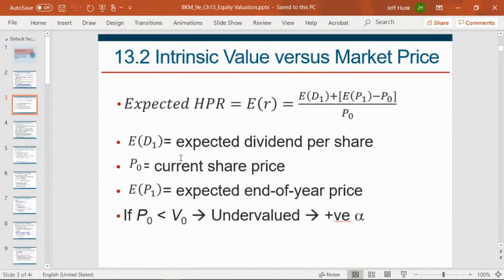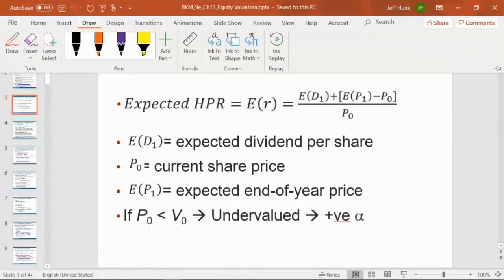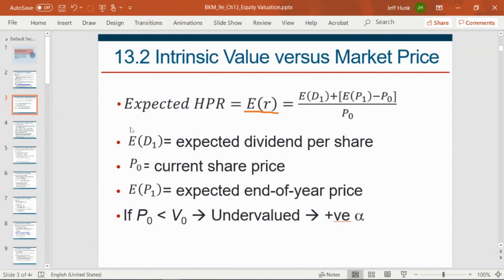So you may remember from Finance 100 holding period return, and holding period return is of course based on given data. Now we need to talk about the expected holding period return, right? Expected means, what does that mean?